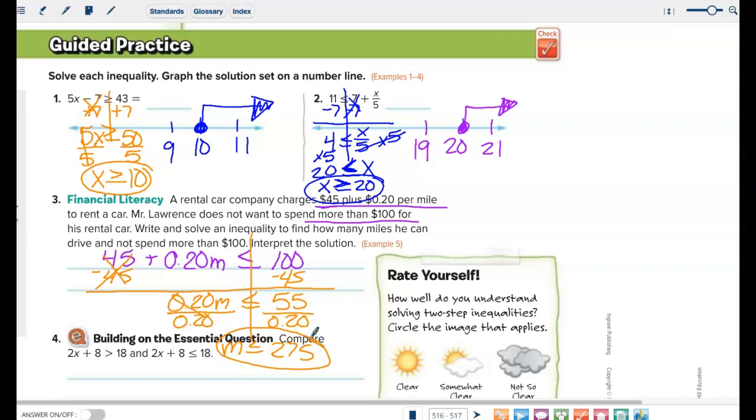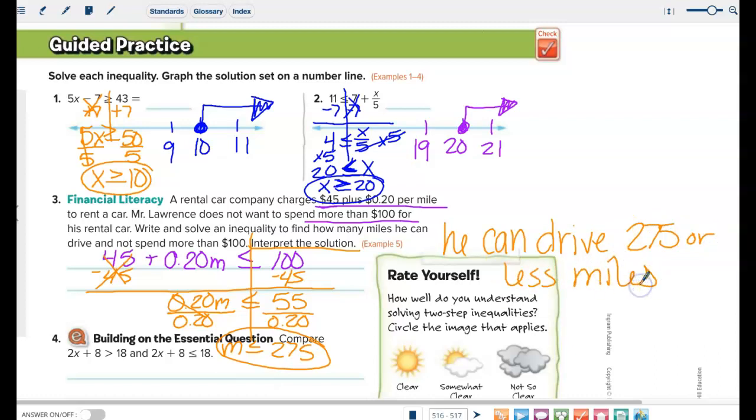So n is less than or equal to 275. To interpret that solution, I would say he can drive 275 or fewer miles. And that would be my final answer for that.